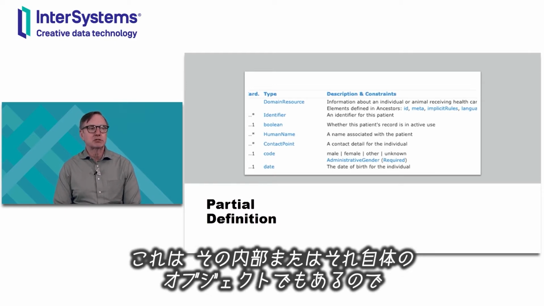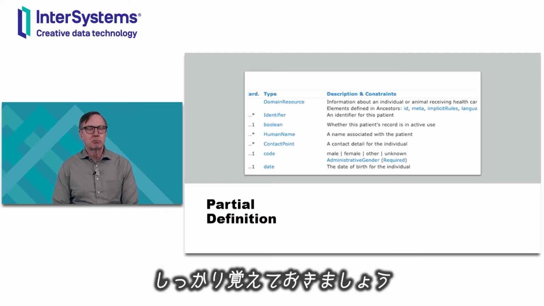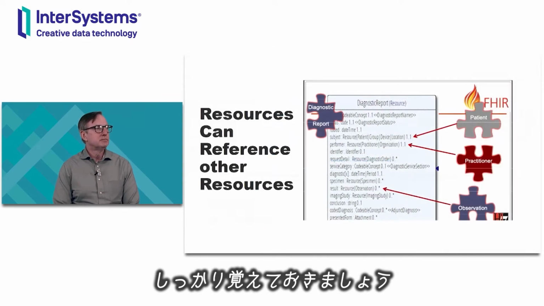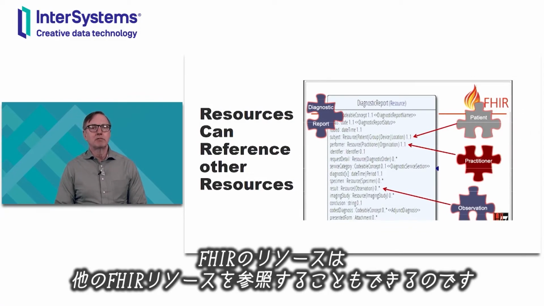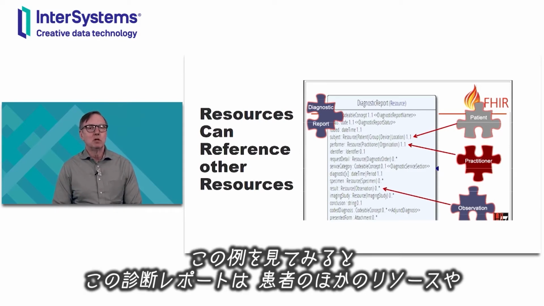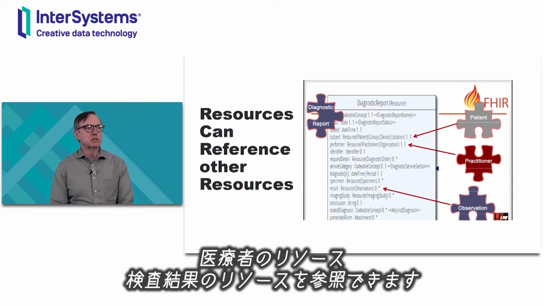They can be objects in and of themselves, and that's important to keep in mind. Another thing that you should keep in mind is that a FHIR resource can reference other FHIR resources. So in this example, the diagnostic report can reference the patient resource, the practitioner resource, or the observation resource.